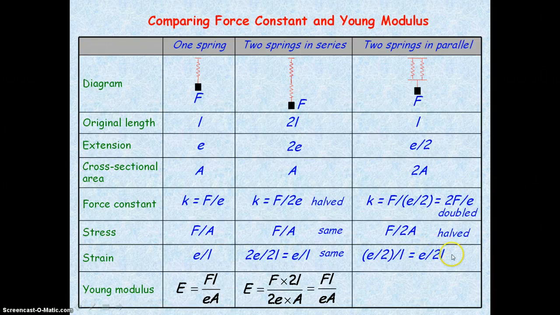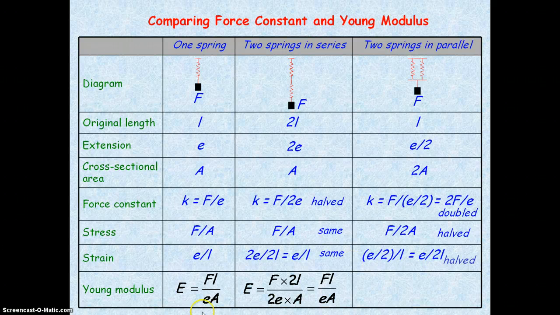If we compare that with our original strain, you can again see that the strain is halved. So we've got half the stress and half the strain, but that doesn't mean that the Young's modulus is halved, because Young's modulus is stress divided by strain, and as both have halved, they cancel out, so the Young's modulus has remained the same again.